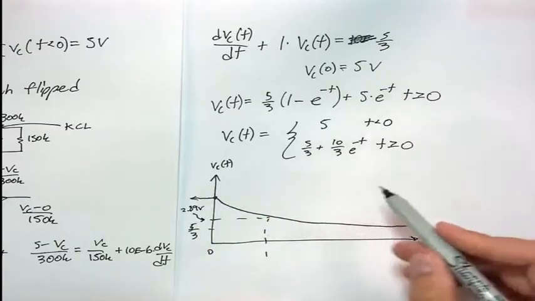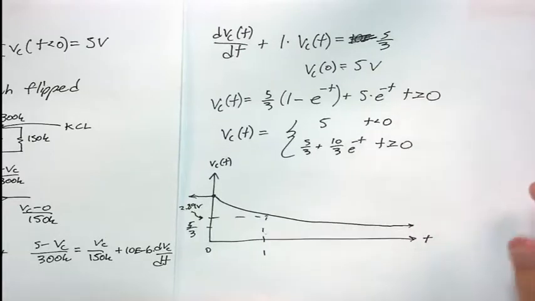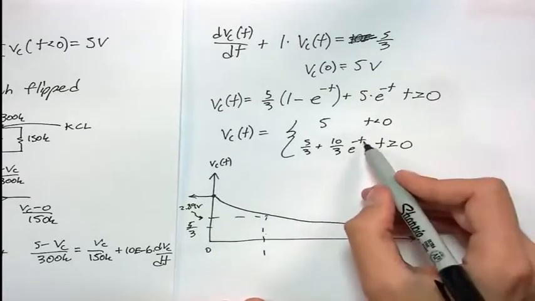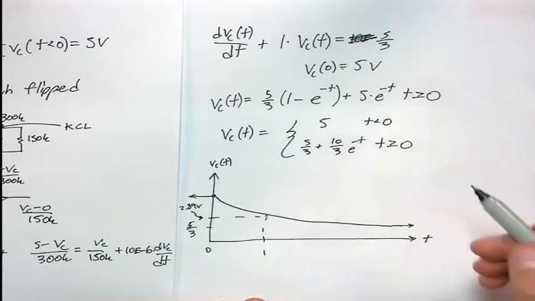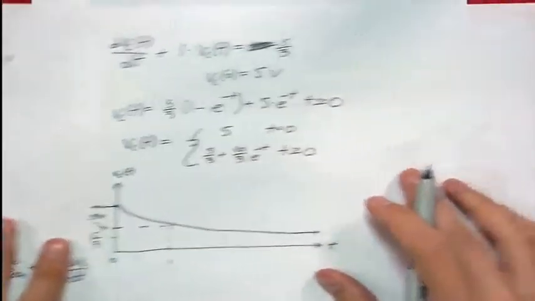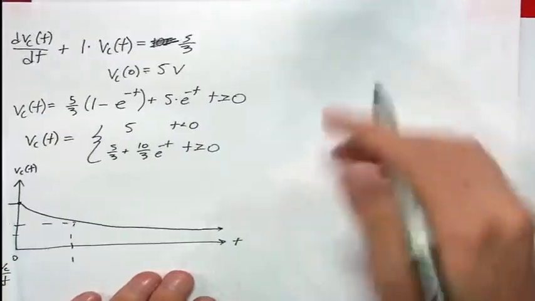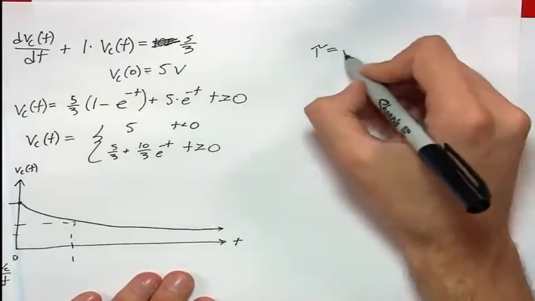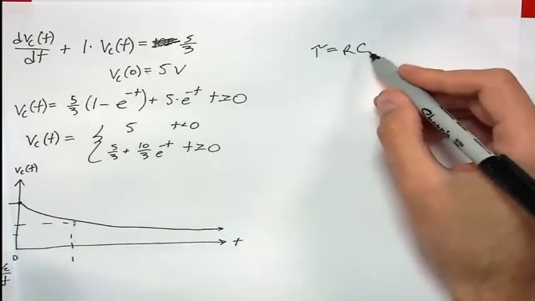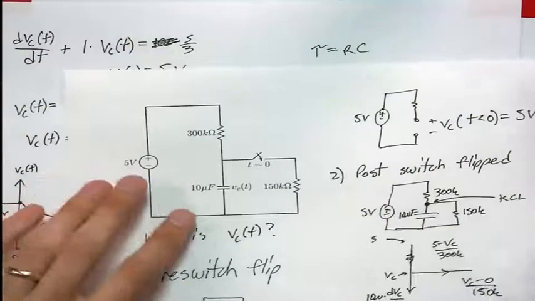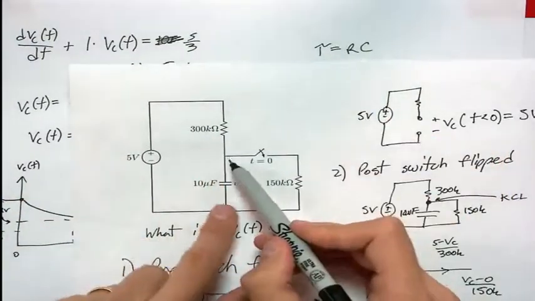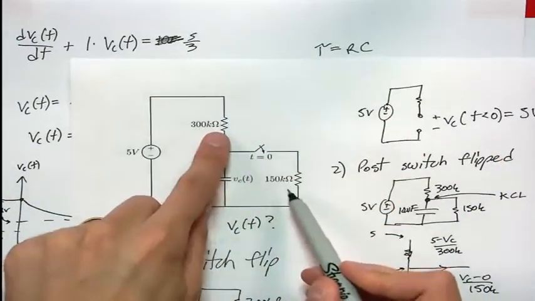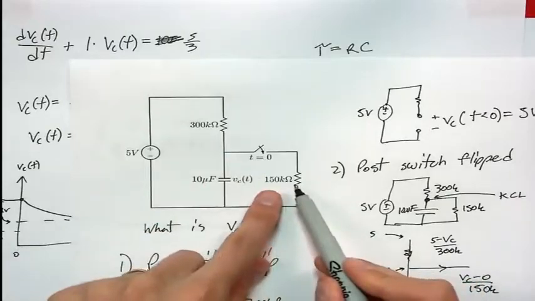And if we actually look at our circuit, we can see where this negative 1 comes from. For RC circuits, we can calculate a tau constant, which is equal to RC. And the R for this C is the parallel combination of this 300K and 150K.